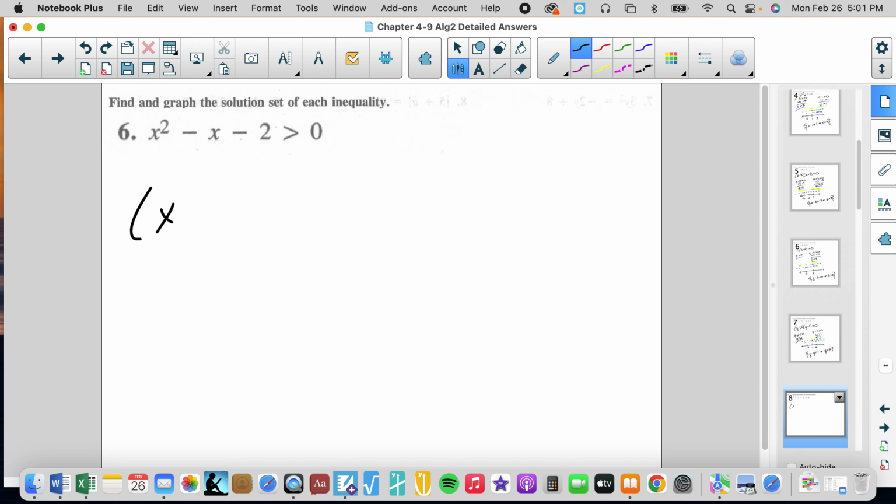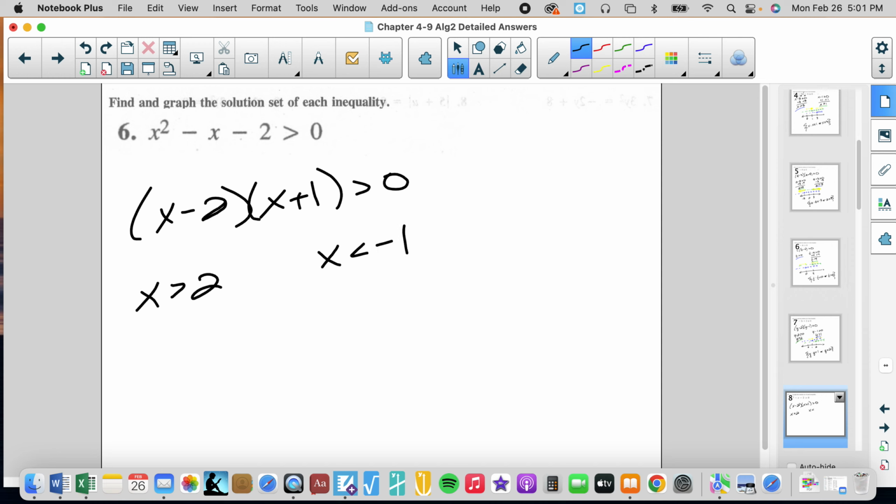Oop, famous last words. Minus 2, x plus 1, greater than 0. X is greater than 2. X is less than negative 1. Greater than negative 1. Negative 1, 0, 2.